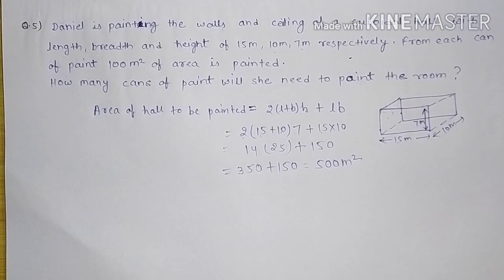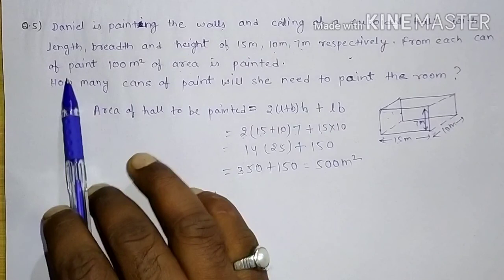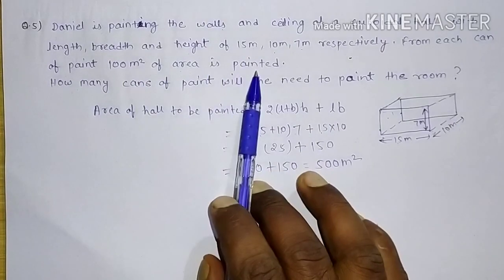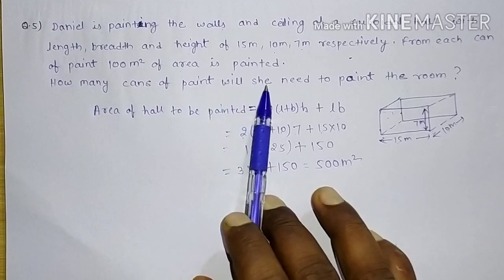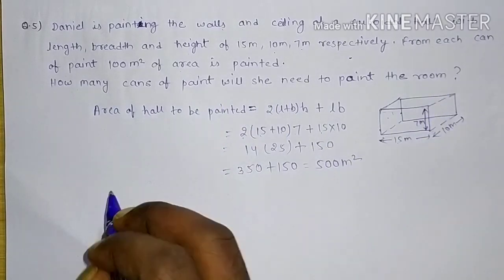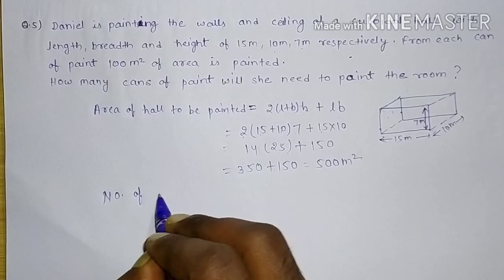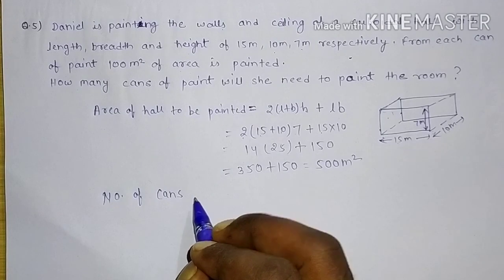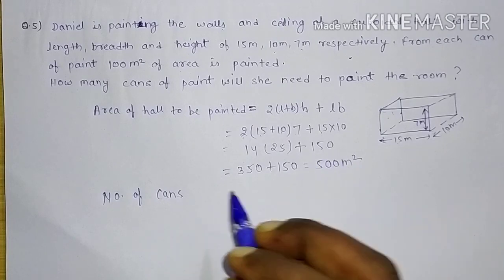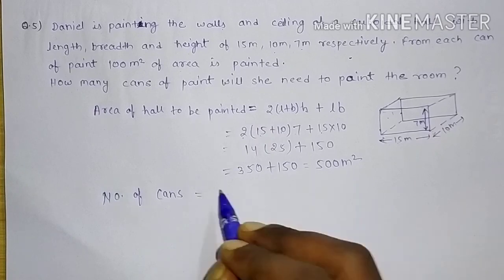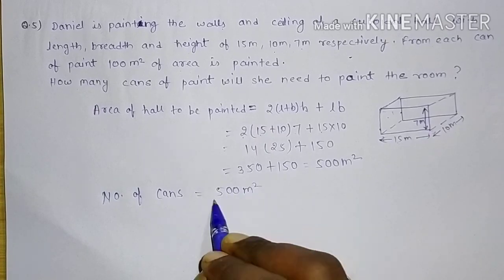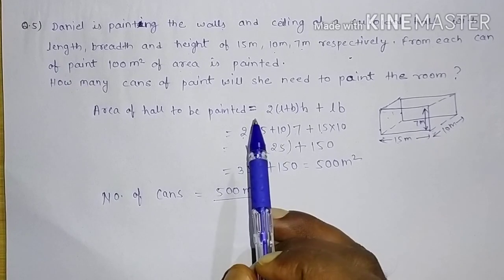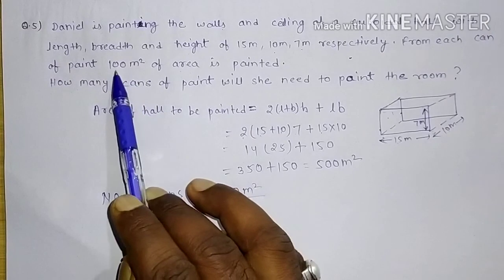Now the area of the hall to be painted is 500 meter square. The next line is given here. From each can of paint, 100 meter square of area is painted. So how many cans of paint will she need to paint the room? Simply, the number of cans equals the total area, 500 meter square, divided by the area painted from one can, 100 meter square.